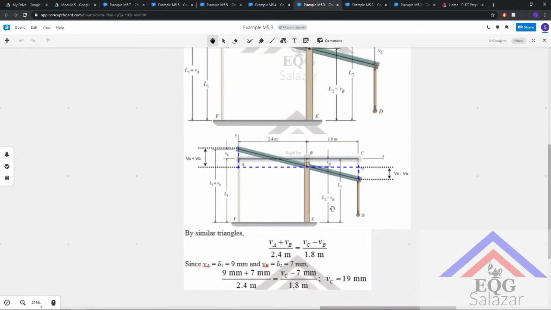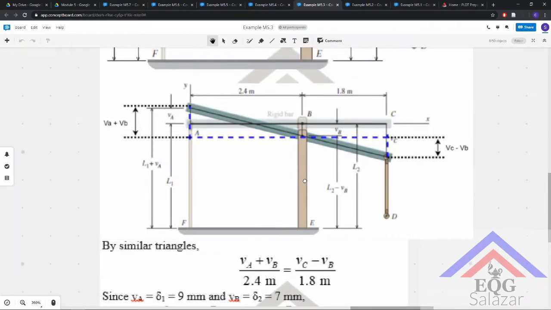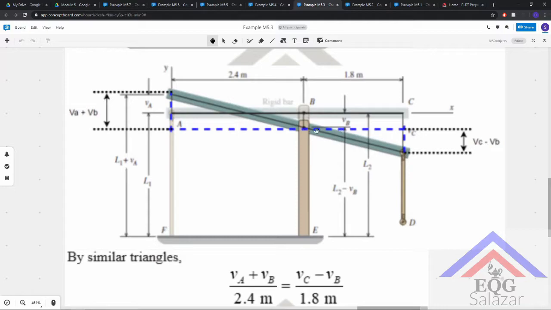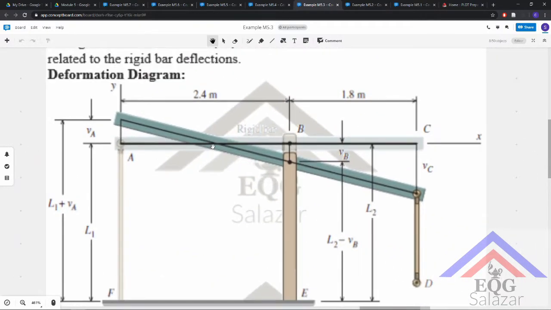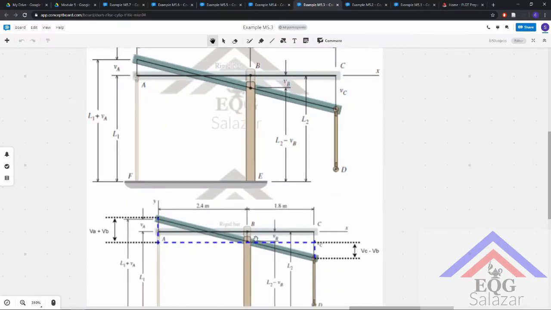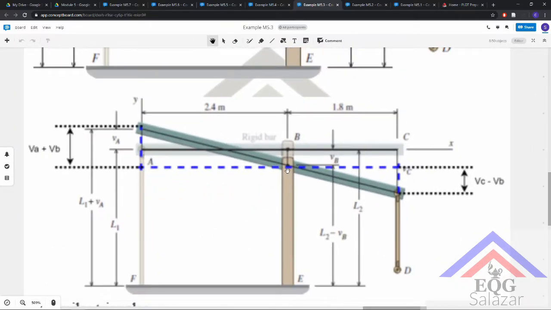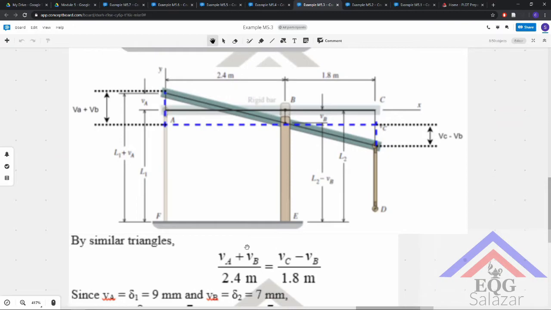How do we do that? If we use these triangles right off the bat, we don't know the distance from this point to the intersection of this line and this line. If we pass a line here and extend the triangle downwards, we have this triangle and this triangle, and we know this length and this length already, so this is easier for us to carry out.